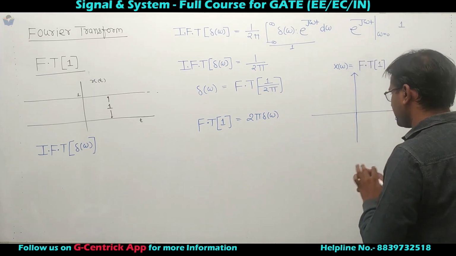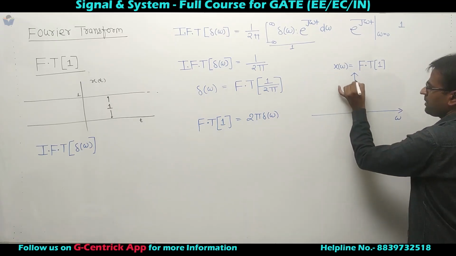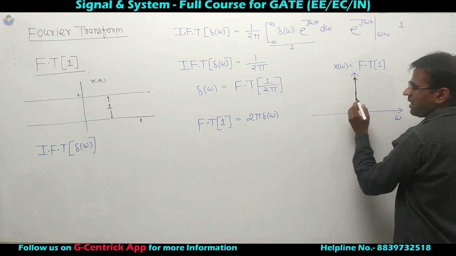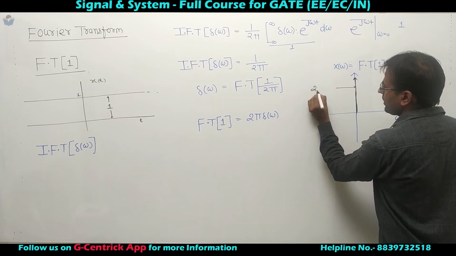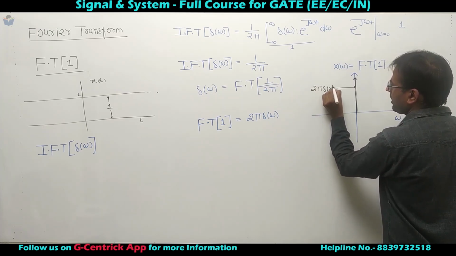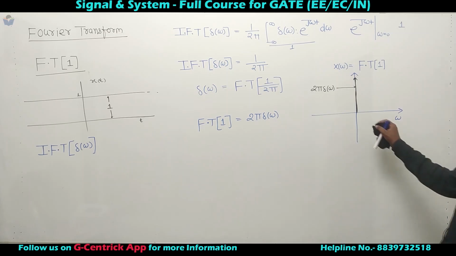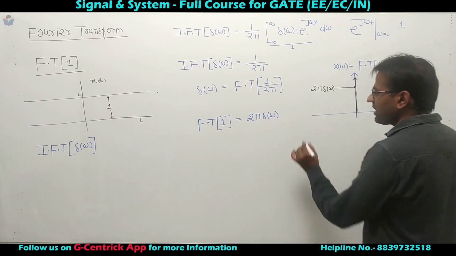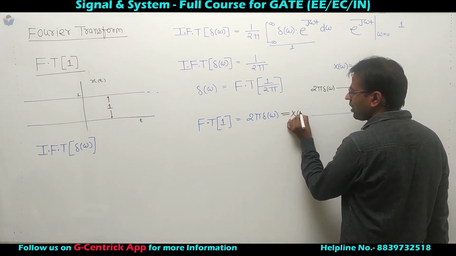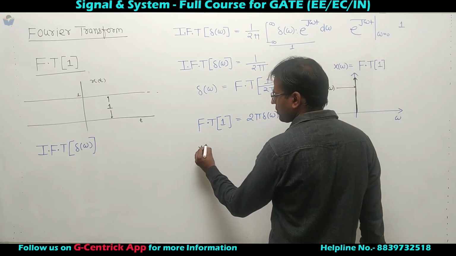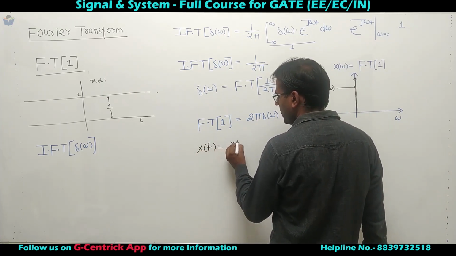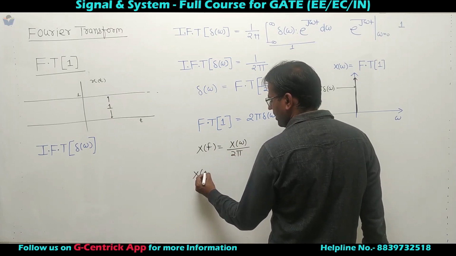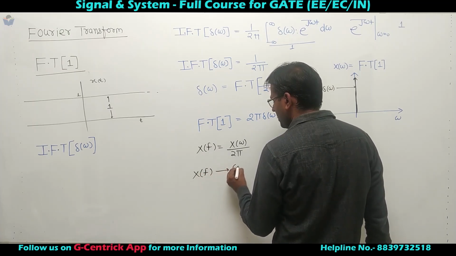So you will get one impulse, and the height of the impulse is 2π times δ(ω). This is the spectrum for the Fourier transform of 1, given in the ω domain. If you want the expression in f, then X(ω) divided by 2π is X(f). So X(f) will be δ(f).